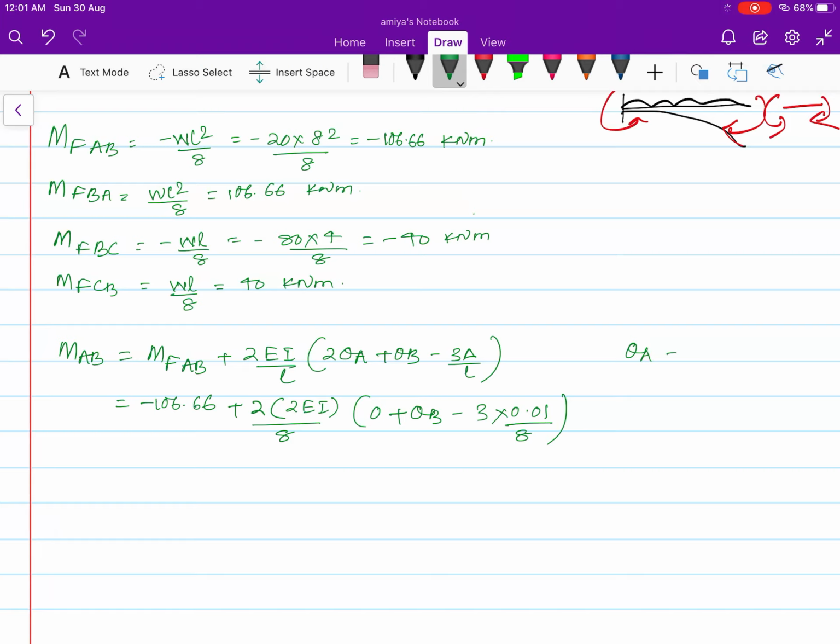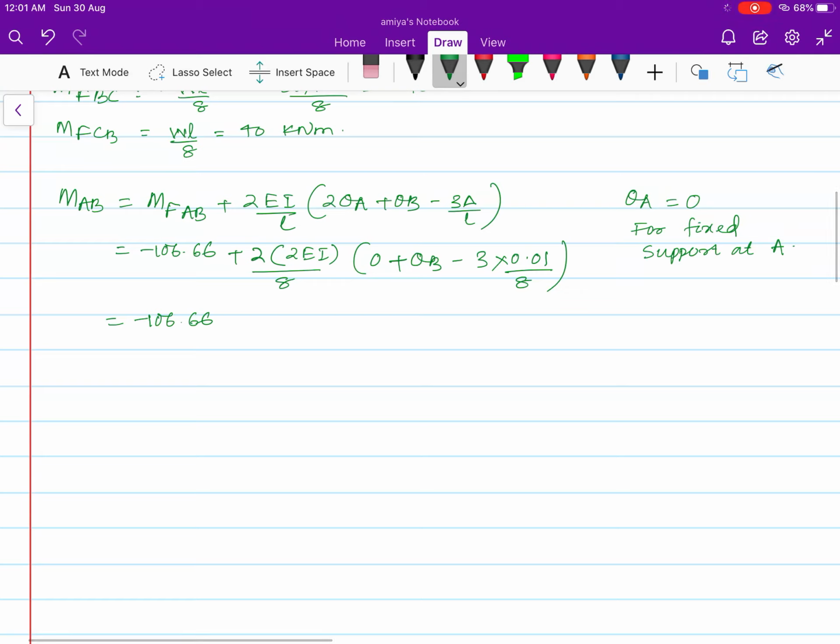Theta A, the rotation, is 0 for fixed support at A. So there will be no rotation. So this becomes minus 106.66 plus 4 by 8, this is 0.5 EI theta B minus 3 into 0.01 divided by 8, with EI given as 4000.